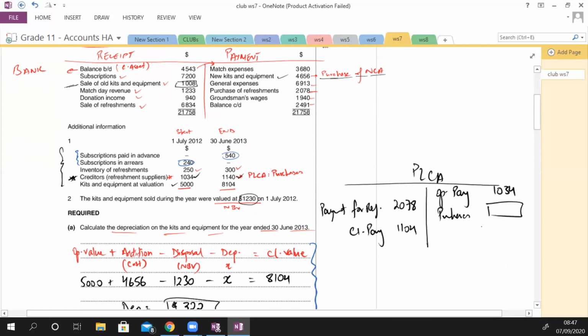So this is the amount that we have to calculate. The total of this is 3182, minus this value. What is the value for purchases? So it's 2148.